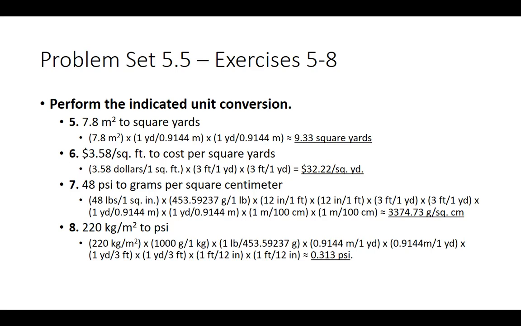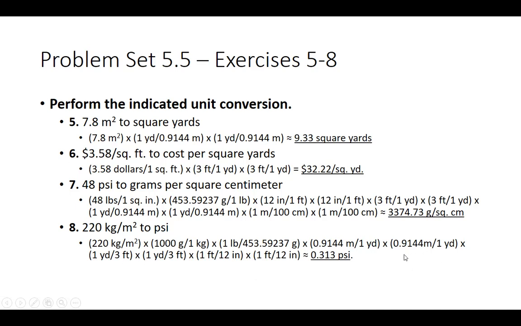Now, meters on top twice has canceled out square meters on the bottom, and we're left with yards on the bottom twice, or square yards. We need to go square yards to square feet, and then square feet to square inches.